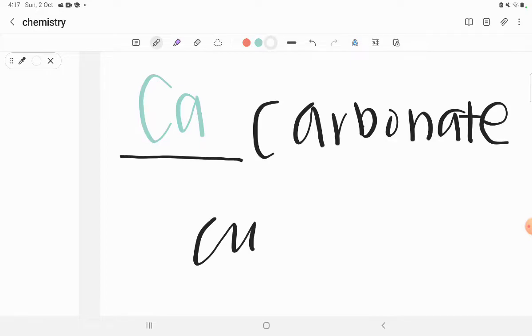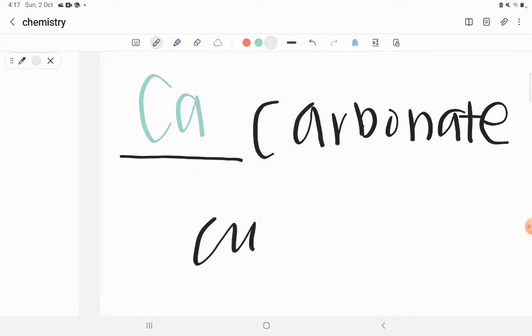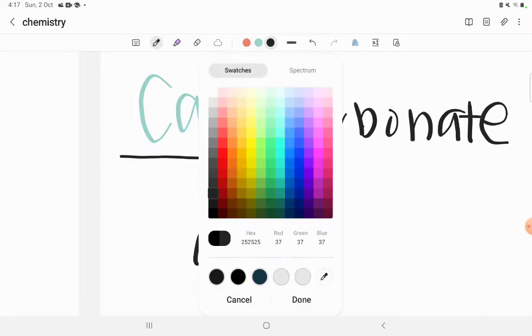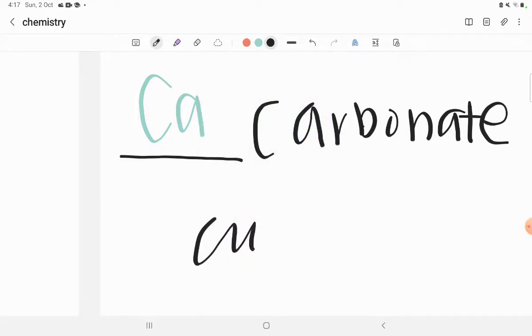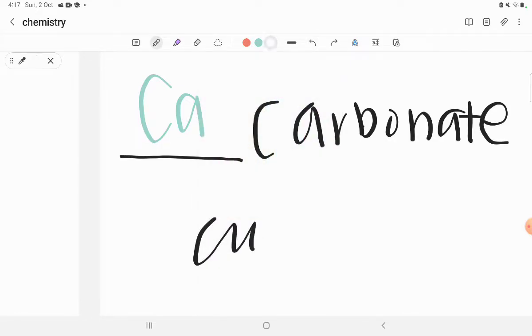I want this color. Done. Is that the same color? No. You know what? Okay, off topic.